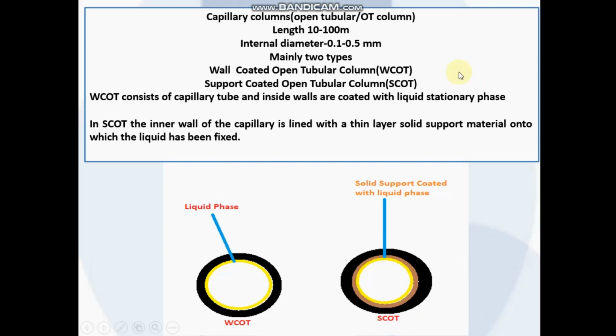The wall coated open tubular column or WCOT consists of a capillary tube whose inside walls are coated with a liquid stationary phase.